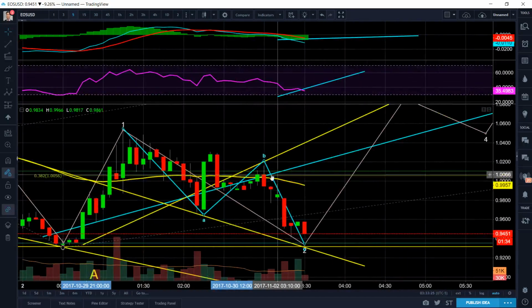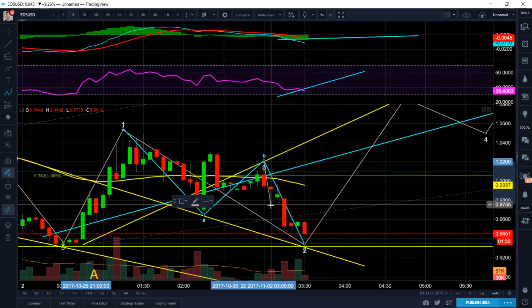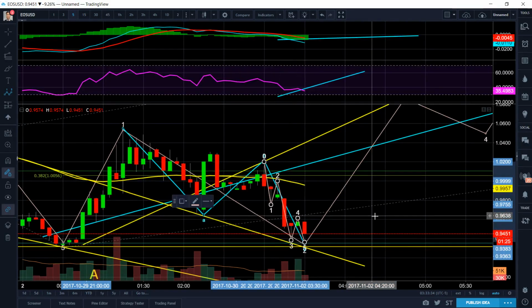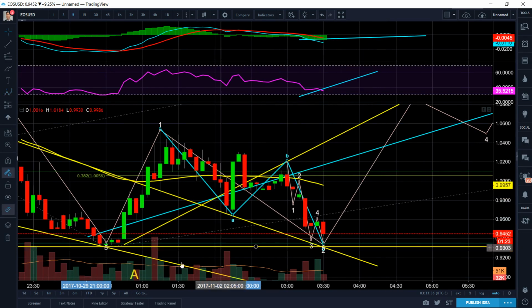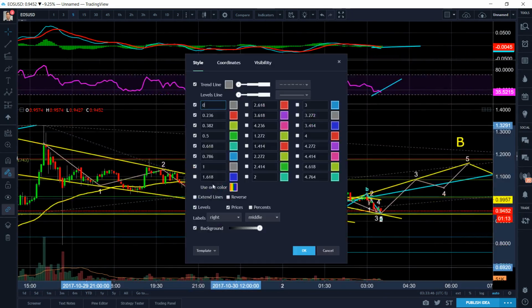This one, we might not be done yet though, because when we do the wave count itself, we didn't exactly get 5 yet. Here's 1, here's 2, here's 3, and here's 4, and we should get a 5 right here. But we still follow that Fibonacci or the Elliott Wave rule that it will not go lower than this point right here. And this point right here, if you guys actually notice, okay, see, I'm gonna make this one tealish.